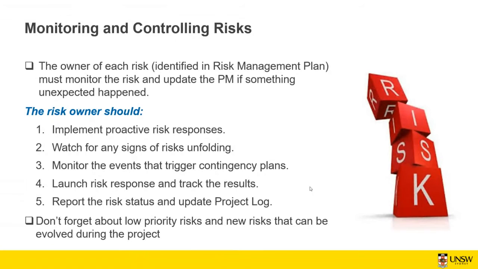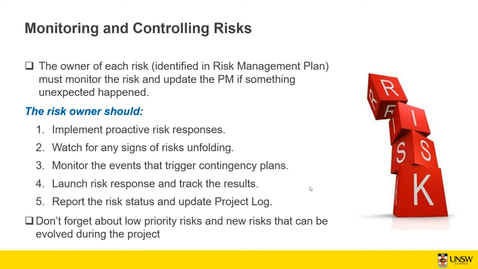Again, during the project planning, you have some contingency budget and things that you set aside. So you monitor the risk, how it has evolved, and whether you need to use some of those contingency budgets. And when the risk happens, you launch the risk response and track the result to see whether it gets mitigated or escalated.